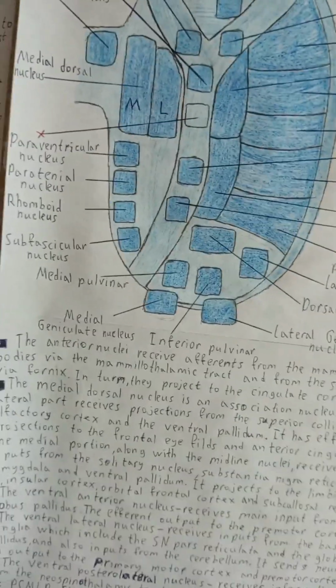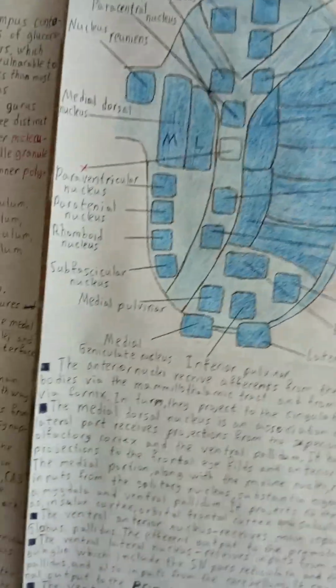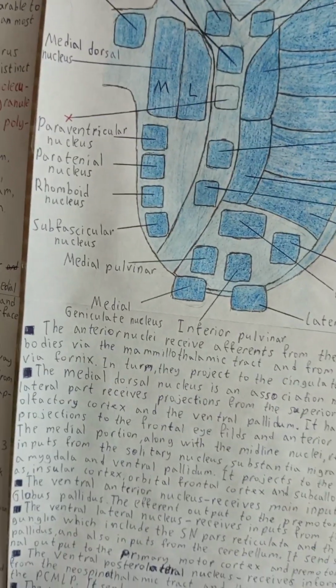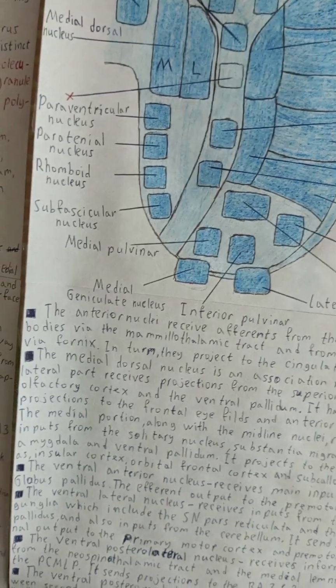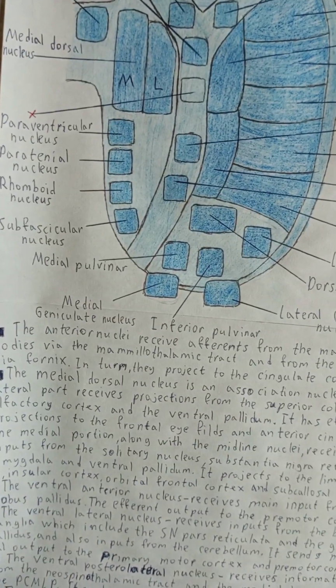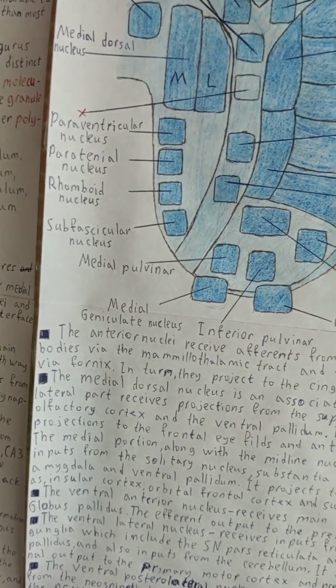No, wait, what am I talking about? The ventral posterolateral. Yeah, right, posterolateral. This one. The ventral posterolateral nucleus receives information from the neospinothalamic tract and the medial lemniscus of the PCML.